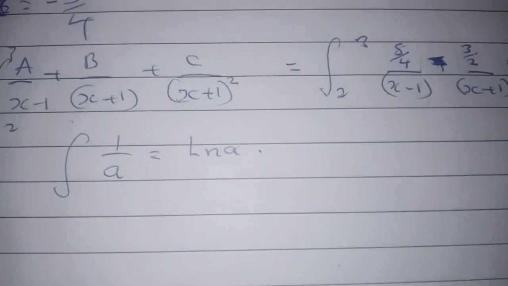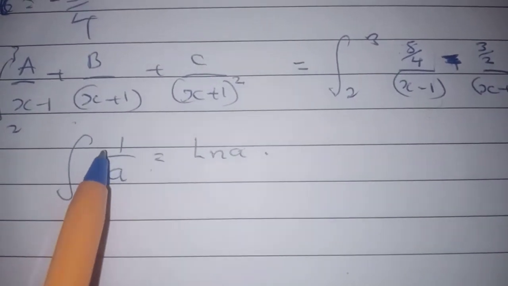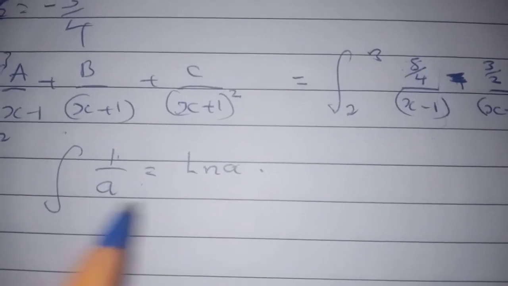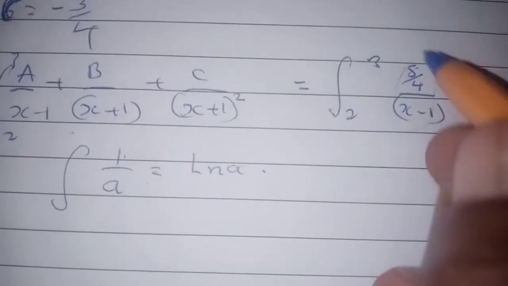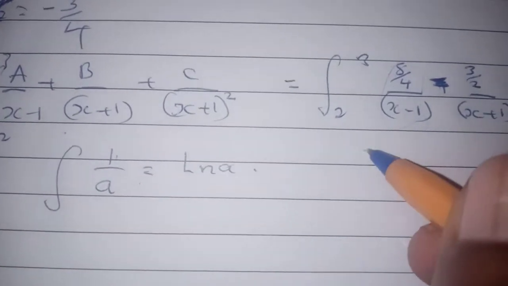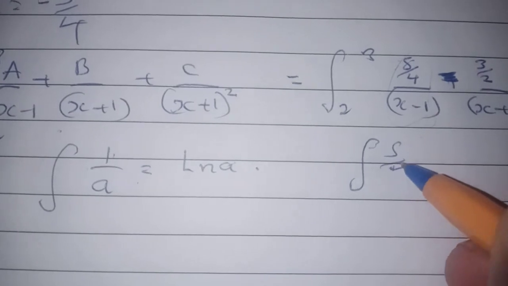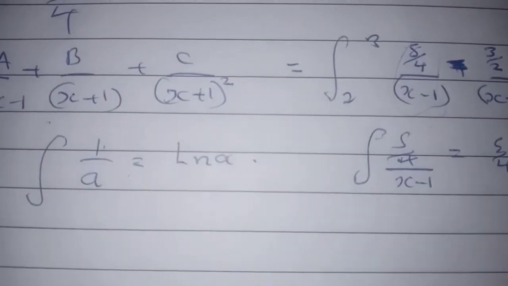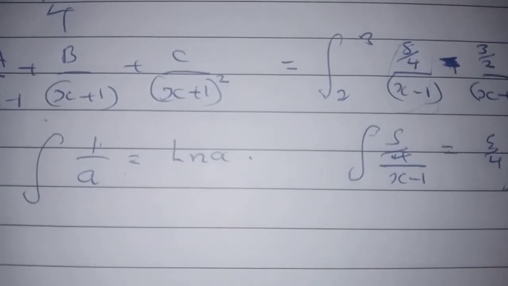When given a constant, the constant goes out of the integration. So let me show you how to integrate 5/4. The integral of 5/4 over x minus 1 is just, you take 5/4 outside the integral, then it remains 1 over x minus 1.